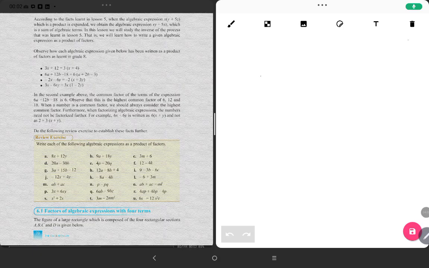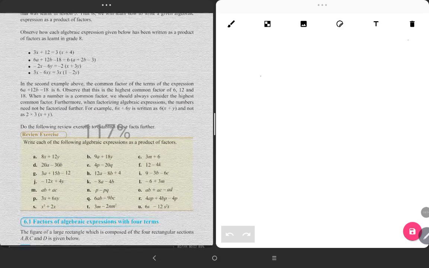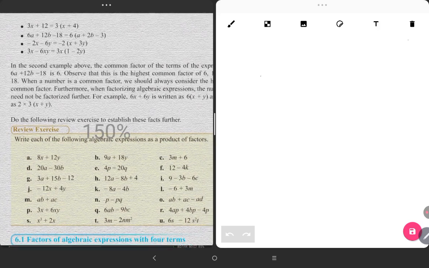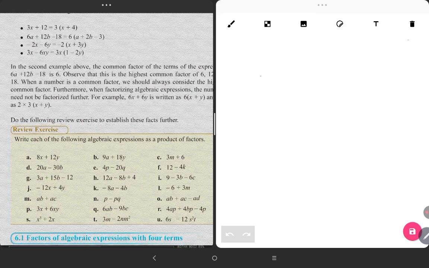Okay, so let's take this example here. If I just zoom a little bit for you to see. Let's take question number A. It's the easier one. In this case, we have two unknowns like x and y, right? The common term here, we can't take 8 out because 12 doesn't divide by 8 clearly.